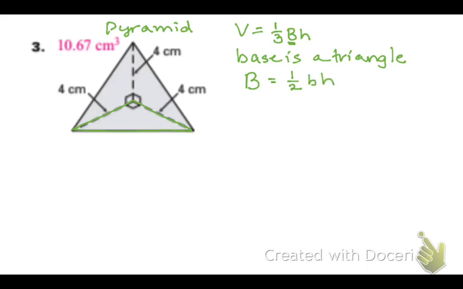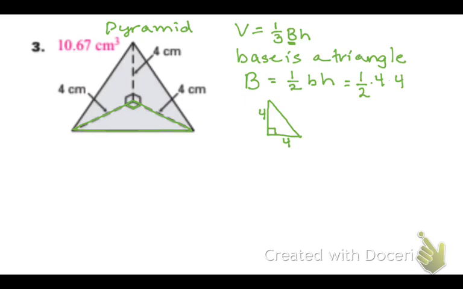Now notice that we're told that this angle right here is a right angle. So I can redraw this green triangle. There's my right angle, and here's my side 4, and here's my side 4. So I plug that information in, and I have 1/2 times 4 times 4.